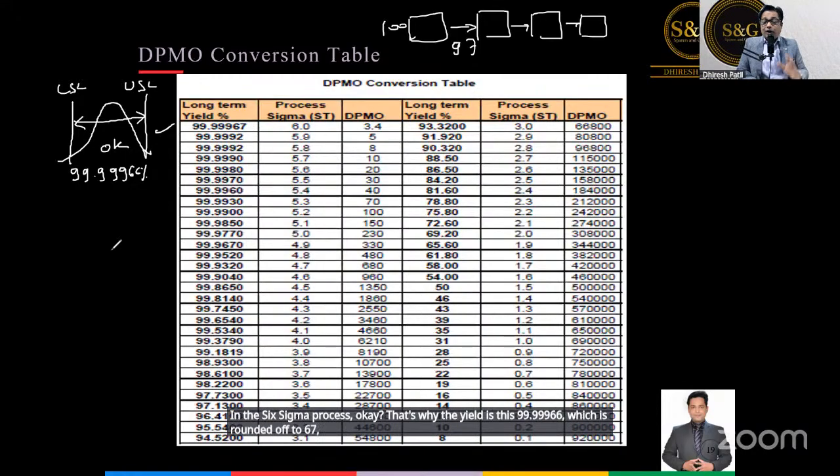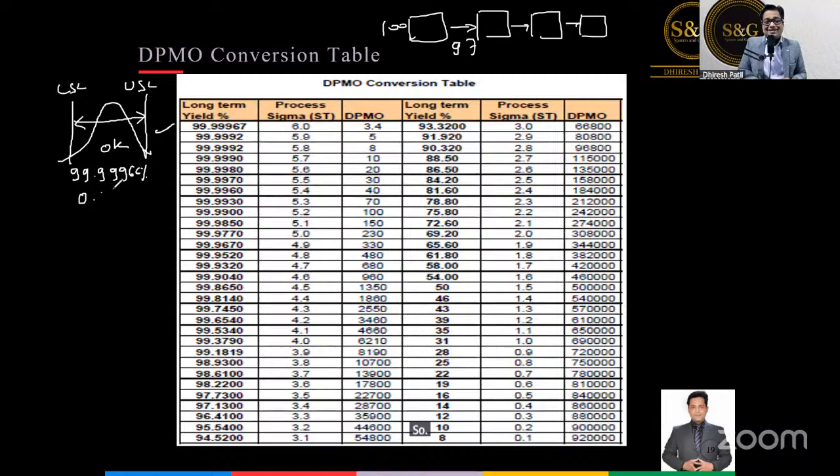Now what is outside of the specification limit? 100 minus 99.99966, so 0.00034 percent will be outside of the specification. Now this means 0.00034 per 100, right?